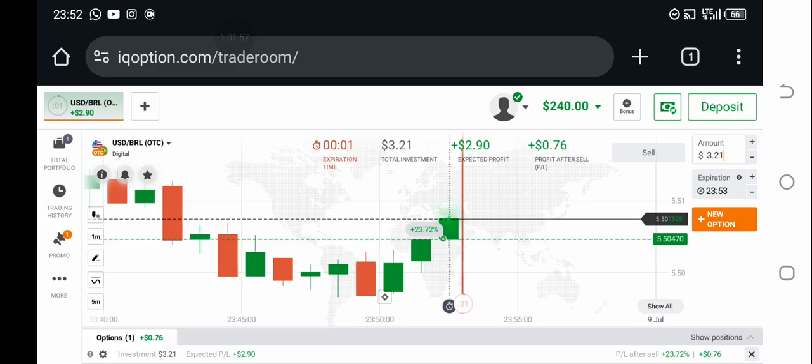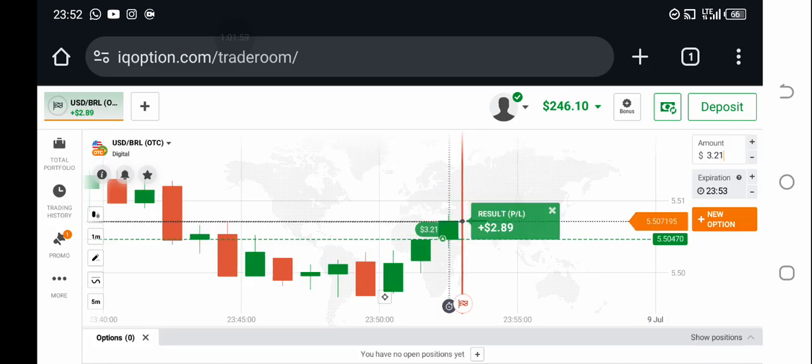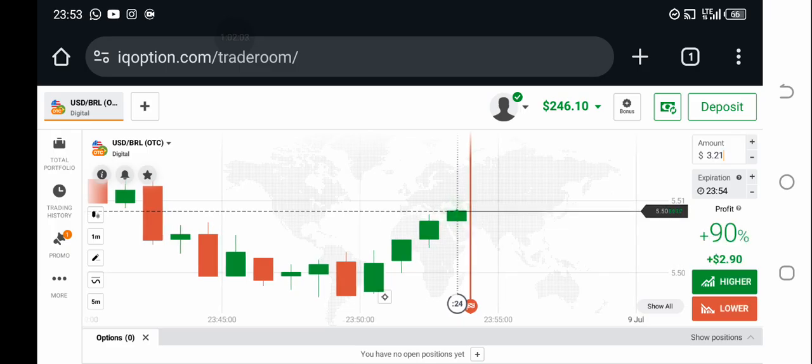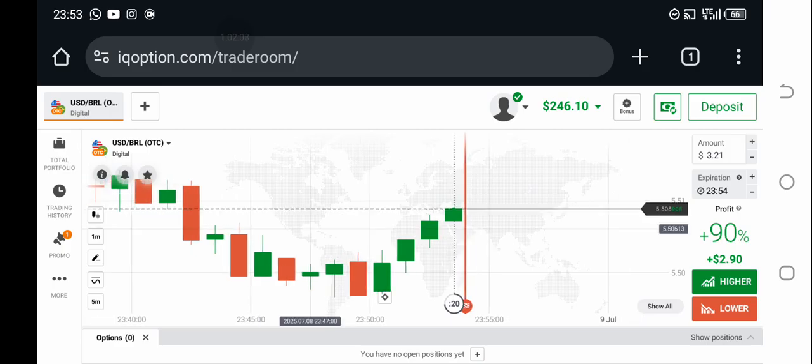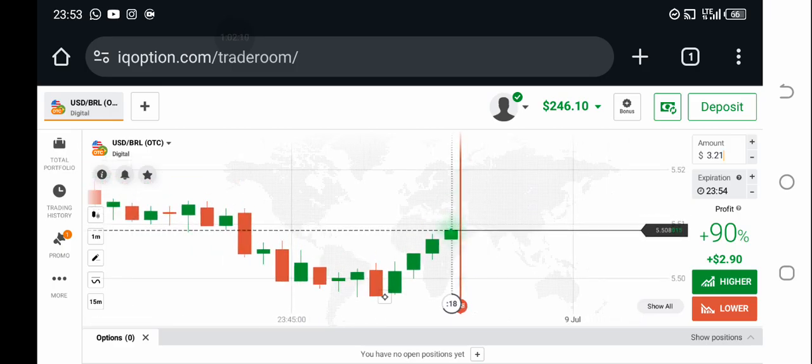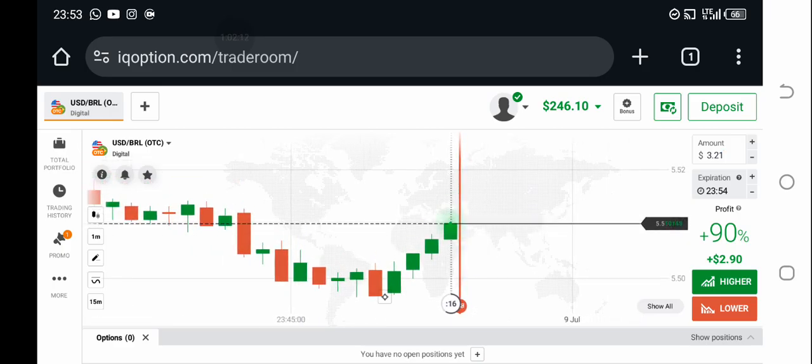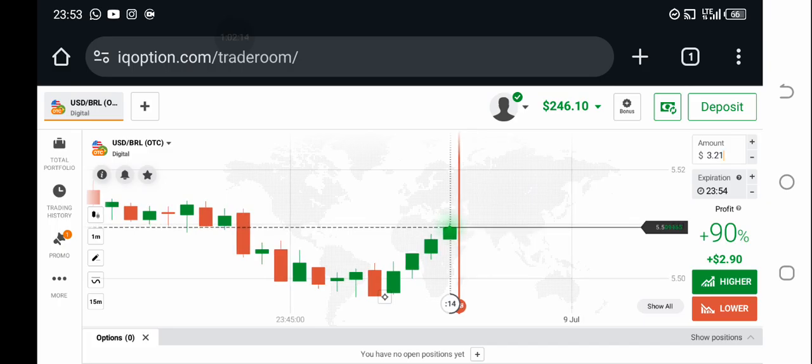So this particular one, we are back up again. We are seeing a strong bullish movement. This trade would have been a good trade if I had opened it on time.